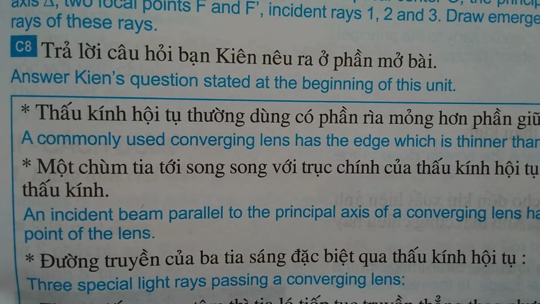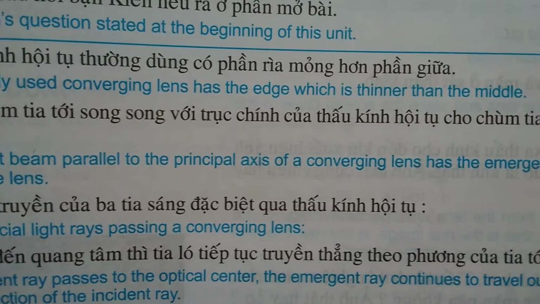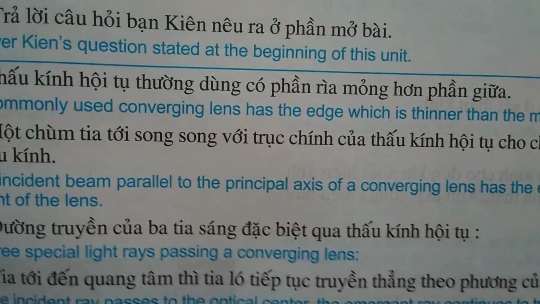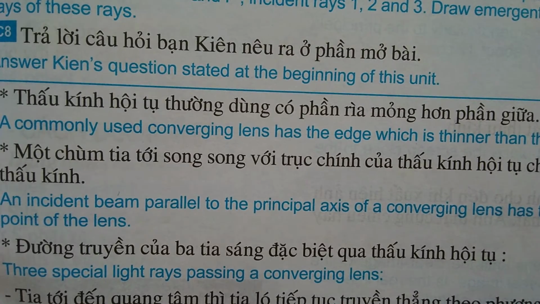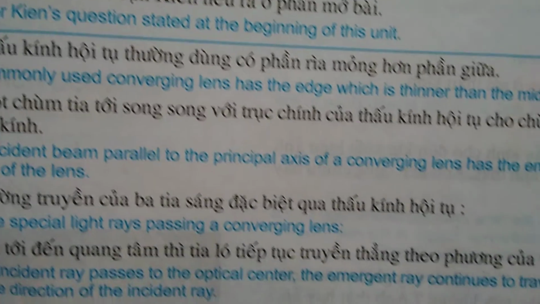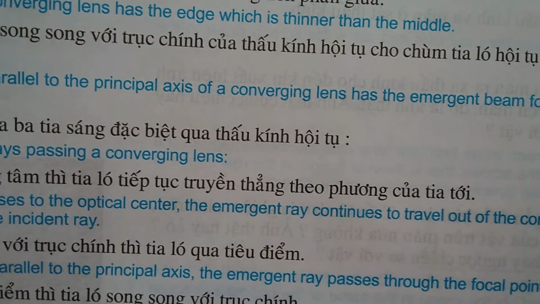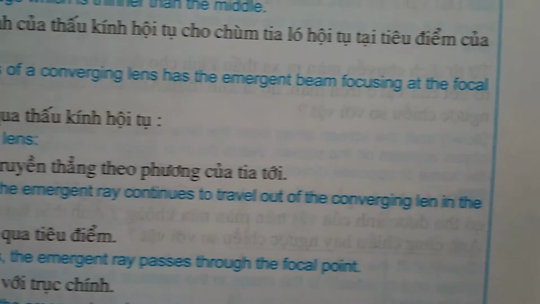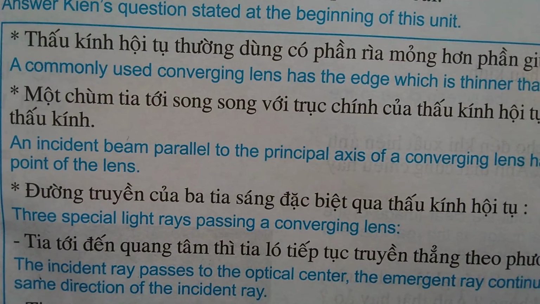A commonly used convergent lens has the edge thinner than the middle. An incident beam parallel to the principal axis of a convergent lens has the emergent beam focusing at the focal point of the lens.